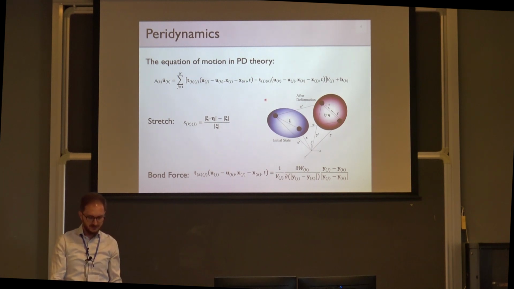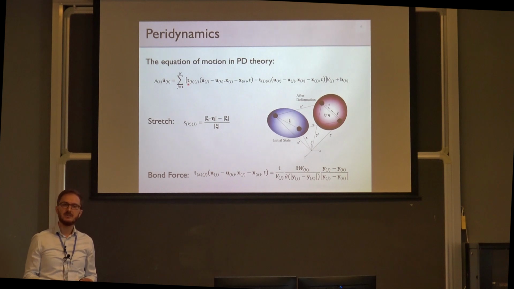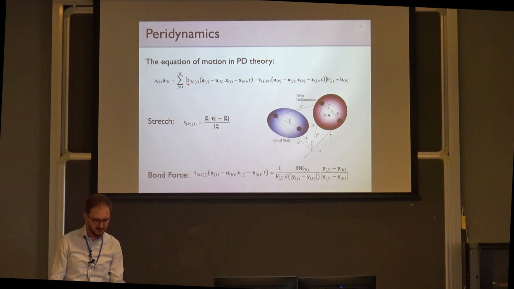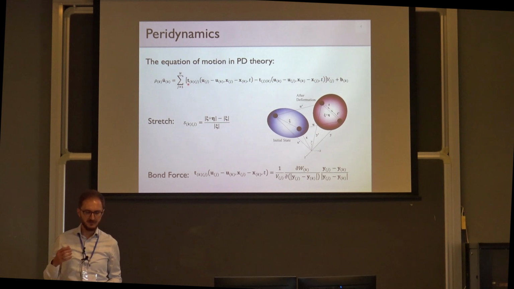The force T is the force vector that the material point X prime exerts on the particle X, and T prime is the opposite force from X to X prime.